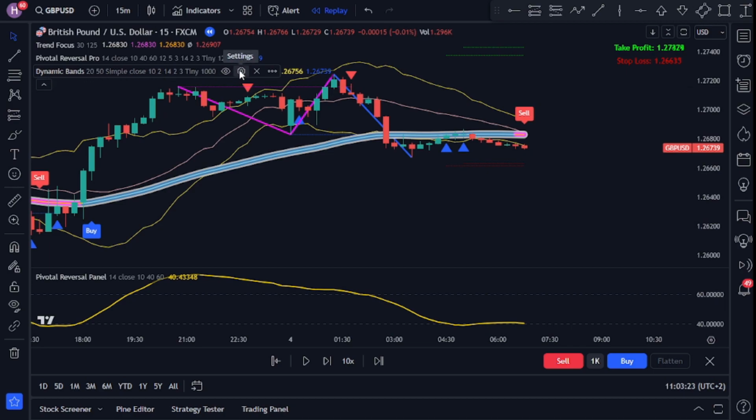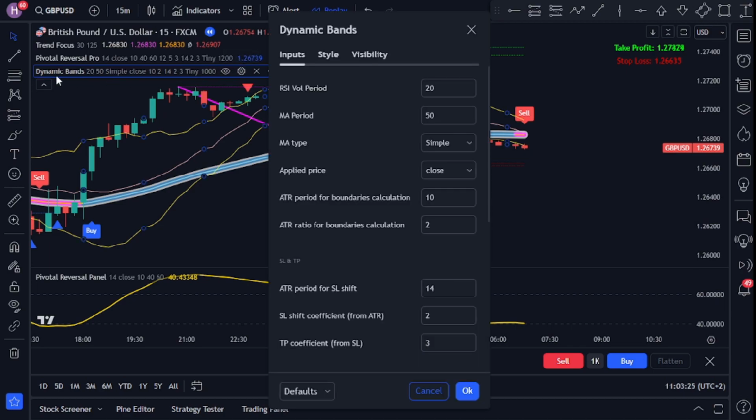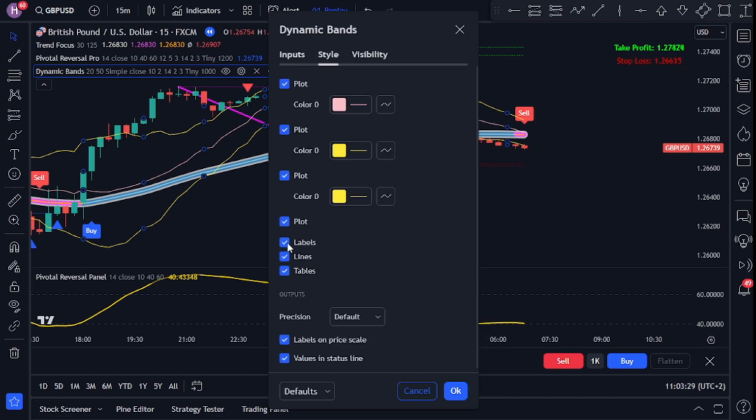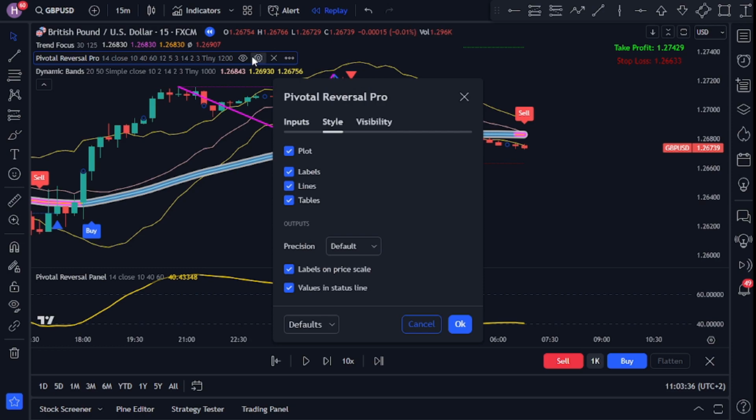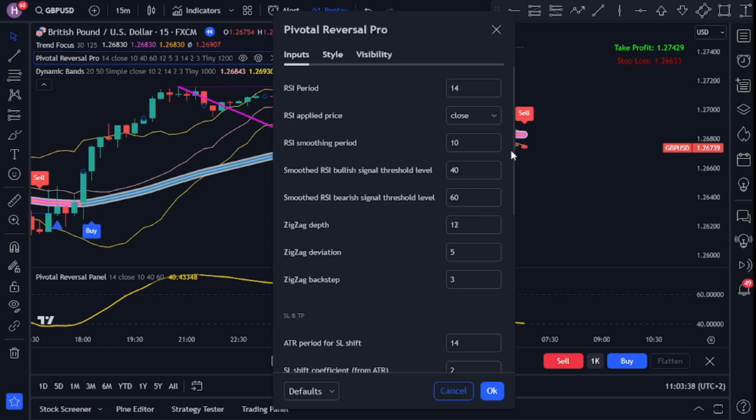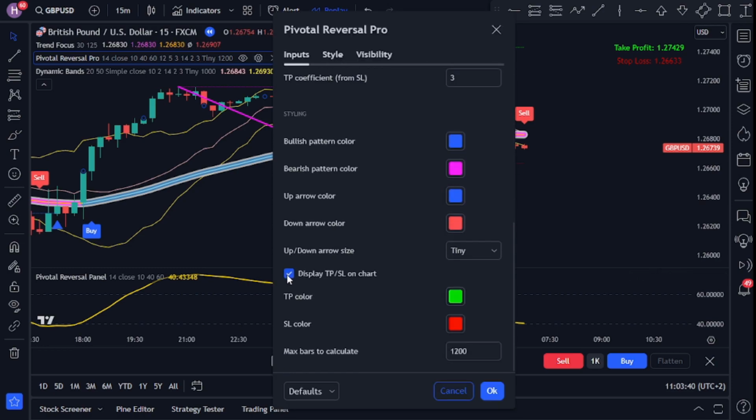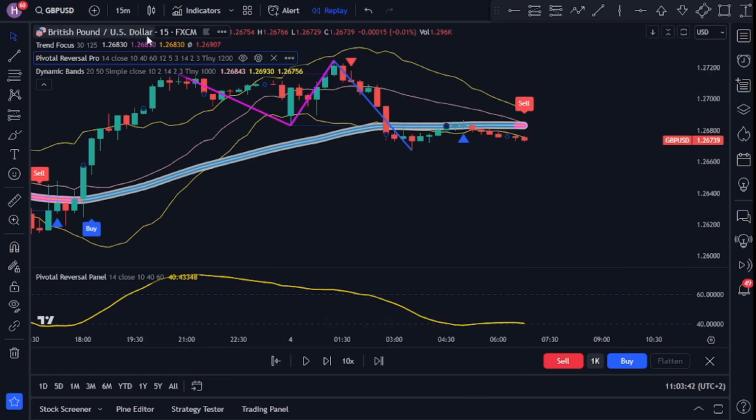Now, under the settings for the indicator, we are going to make the following changes. Firstly, under the Style tab for the dynamic bands, we are going to unselect the following boxes. Then, for our Pivotal Reversal, under the Inputs tab, we are going to scroll down and unselect the following. Lastly, for our trend focus, we'll leave everything on default.